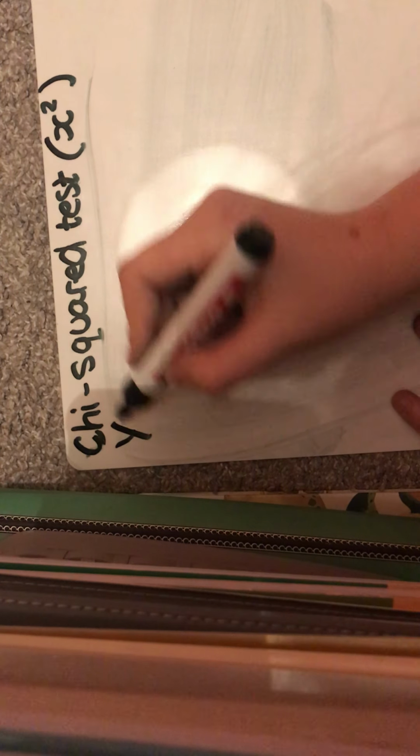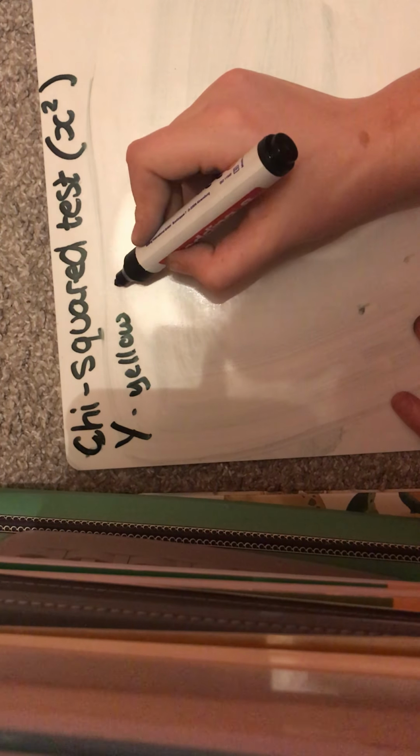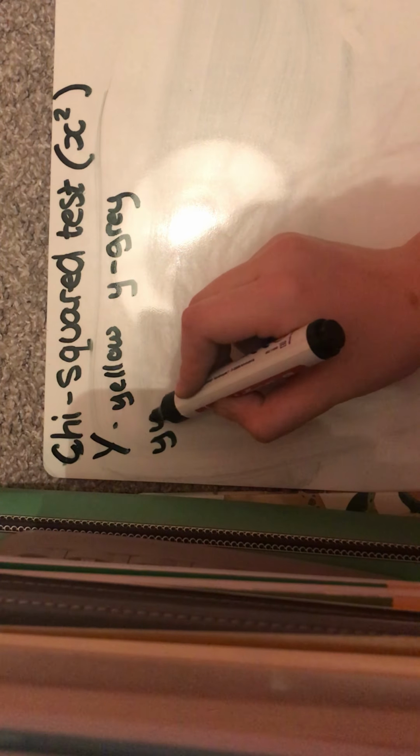If we're looking at mice coat colour, the dominant allele is capital Y, for yellow, and lowercase y is recessive, for grey. So the genotype of a grey mouse is lowercase y lowercase y, so it's homozygous recessive.